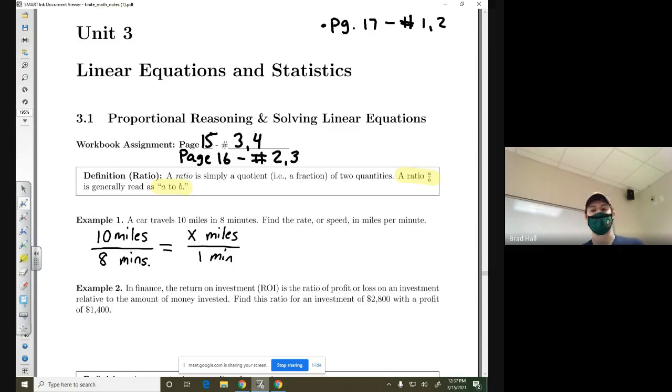Basically, all this is saying is we can simplify the fraction. So we can back up a little bit. Of course, 10 over 8 is 5 over 4, which we can simplify as 1.25.